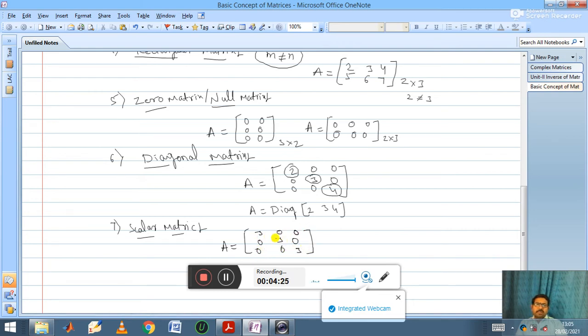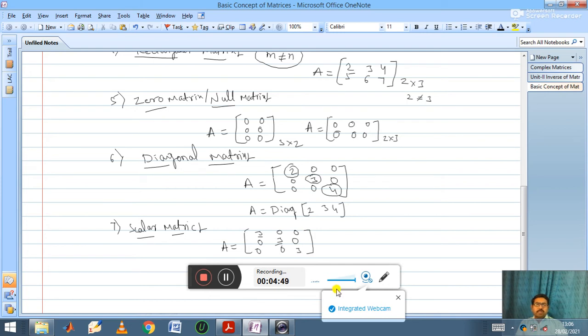Now we can understand from this. What about the diagonal elements? Here all the diagonal entries are the same, that is 3 3 3, and the remaining non-diagonal entries are 0. So the definition of a scalar matrix is that all the diagonal elements are the same.